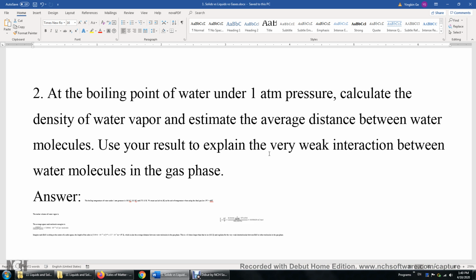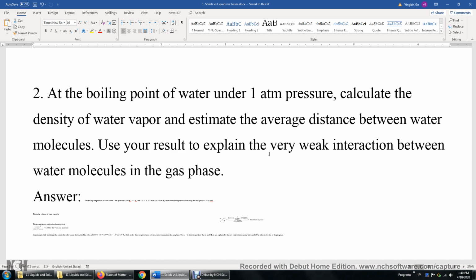Again, what you need to do is compute the molar volume of water vapor using the ideal gas equation, PV equals RT. Since PV equals RT, the molar volume is V over n, and V over n is equal to RT over P. What's the temperature? 373 Kelvin.